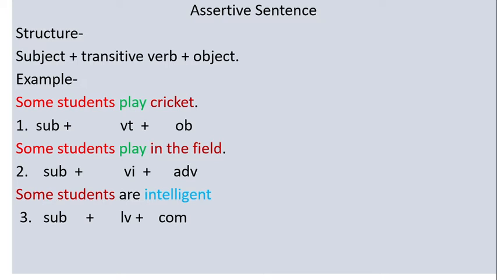So only the structure subject plus transitive verb plus object will be changed into passive voice in assertive sentence. Linking verb and intransitive verb are not changed into passive form.